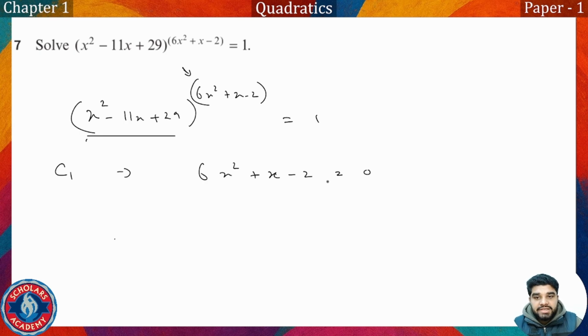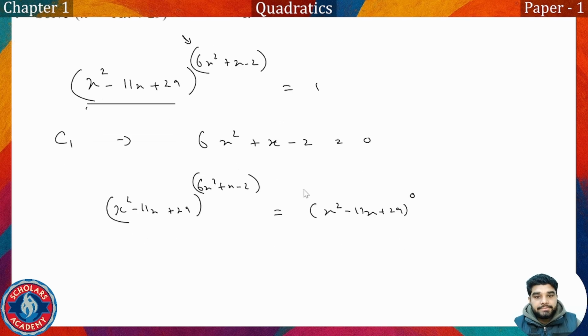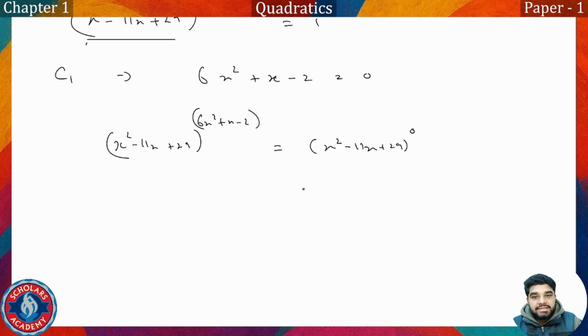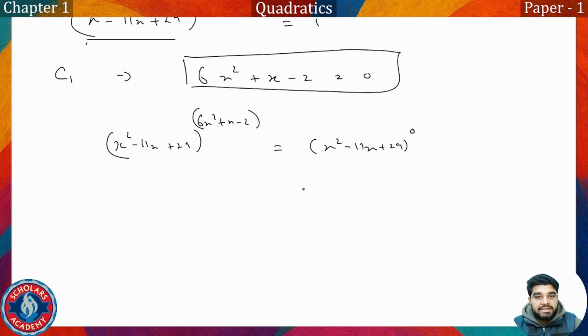This comes when we say x square minus 11x plus 29 to the power 6x square plus x minus 2 is equal to x square minus 11x plus 29 raised to power 0. So we are equating the powers. One case is this. Let's find the zeros for this. So 6x square plus x minus 2 is equal to 0.